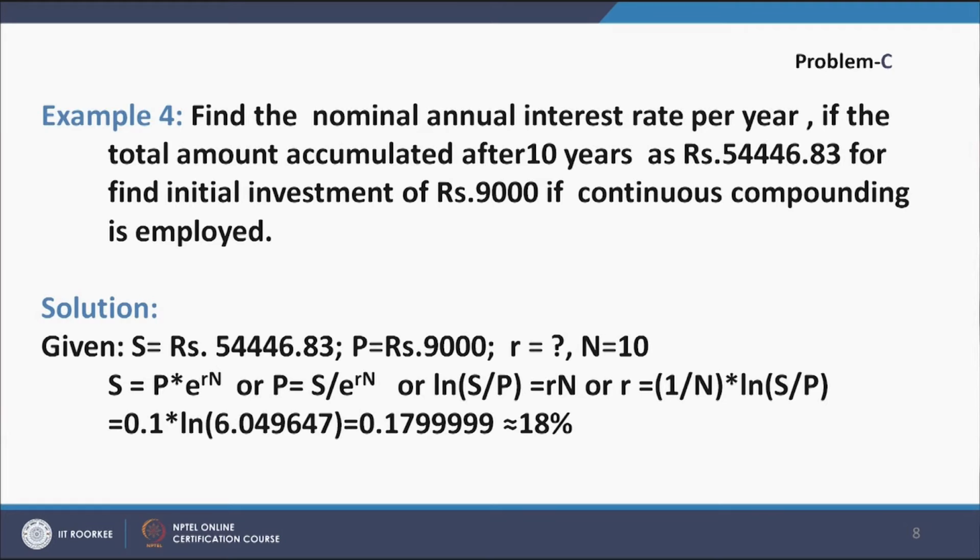So, again we use the same equation, S is equal to P into e to the power Rn, or P is equal to S divided by e to the power Rn, or we can write S by P is equal to e to the power Rn, and if we take log on both sides, it becomes ln S by P is equal to Rn, or R is equal to 1 by n into ln S by P. If we substitute the values of n, S and P into this, it is equal to 0.1 into ln 6.049647, and this is equal to 0.1749, and that is approximately 18%.